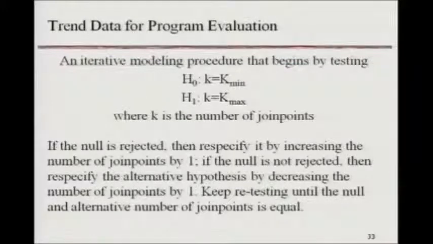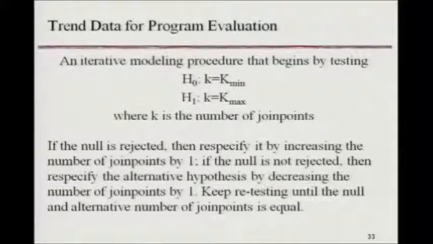So it starts out with a null hypothesis where the null is the minimum, typically 0 join points. So there's just going to be one slope, like a regular regression equation, and then the maximum you specify as the analyst.